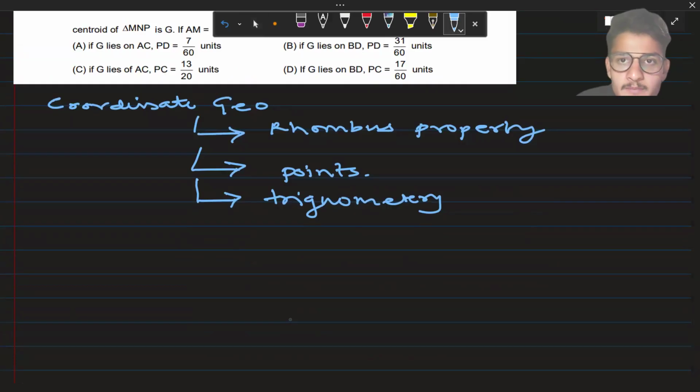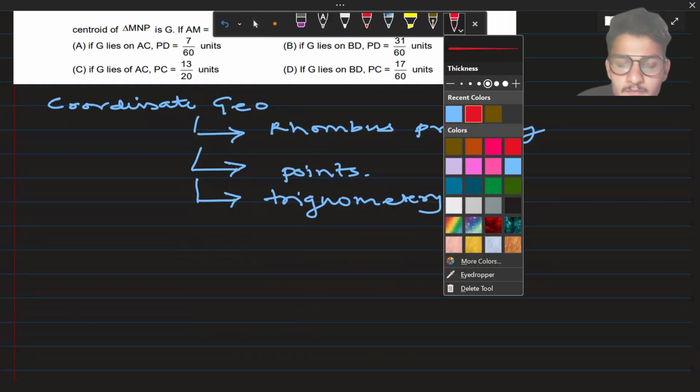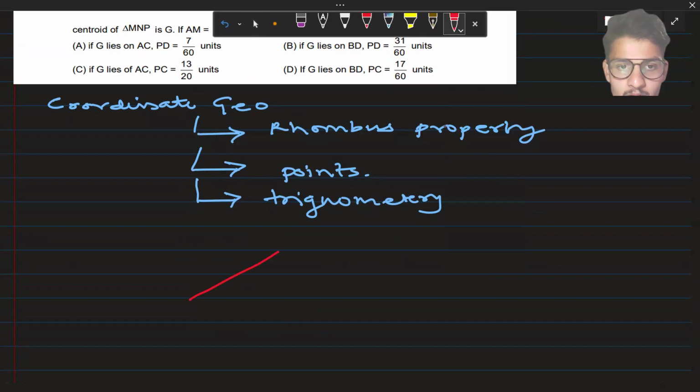ABCD is a rhombus. So what are the properties of the rhombus? The properties are that all the sides are equal and opposite angles are equal. These angles will be equal, like 1, 2 and 3, 4.